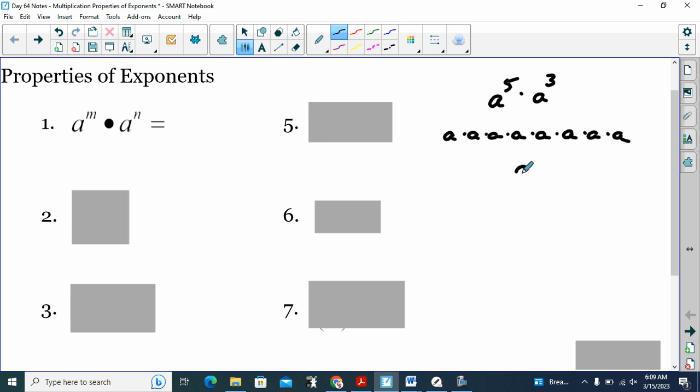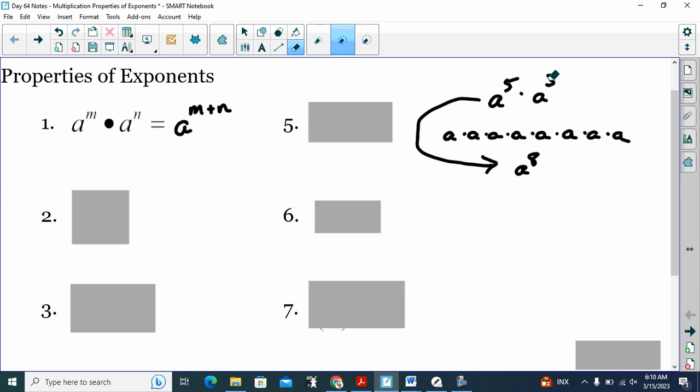I'm multiplying a by itself 8 times. The question is, how can I go from here to here without doing that middle step every single time? And hopefully we can recognize that I would add up these exponents. 5 plus 3 gives us 8. So a to the m times a to the n is a to the m plus n. If I multiply 2 things that have the same base, I will add their exponents.